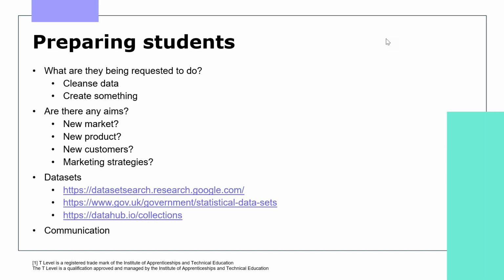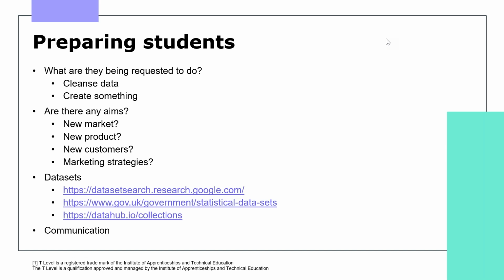And finally, communication's key. They'll need to explain things like what they've done, why they've done things, actions implemented, processes followed. Can they explain it technically or non-technically? And this is their chance to really explain what they've done. Justification's key. Sometimes there might not be a definitive answer, as it could be quite subjective.